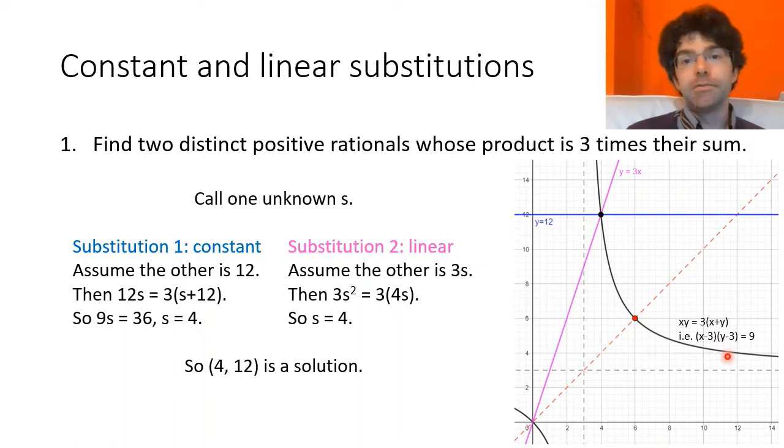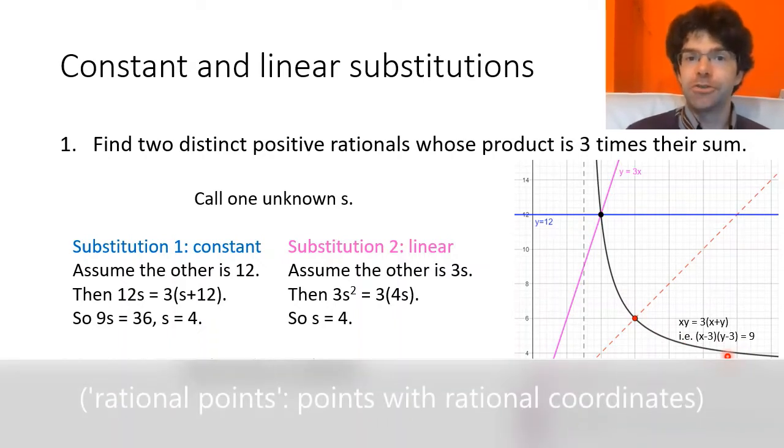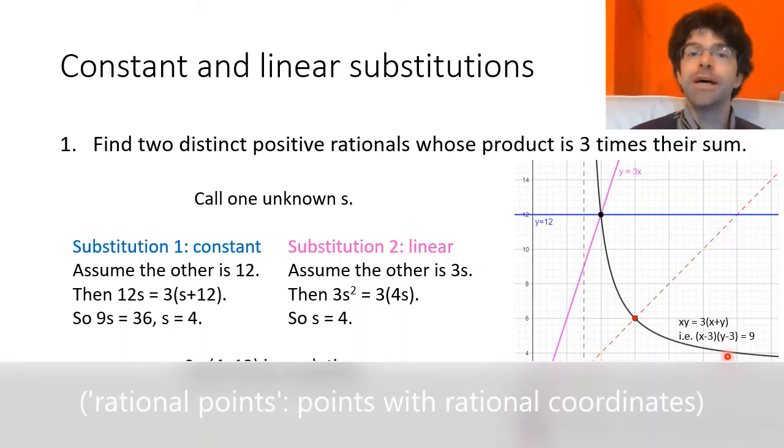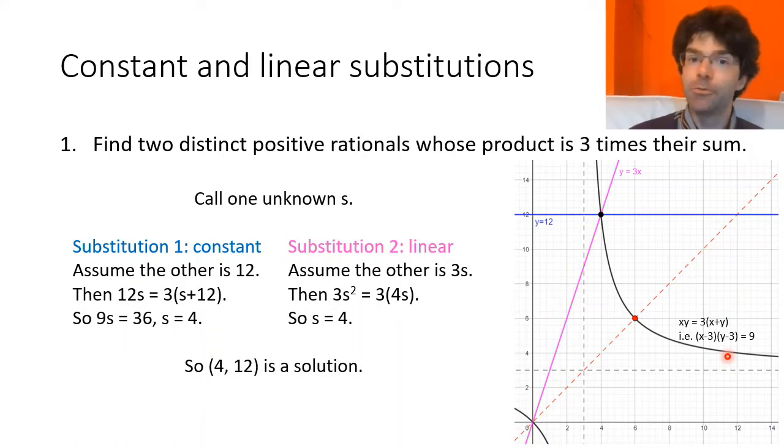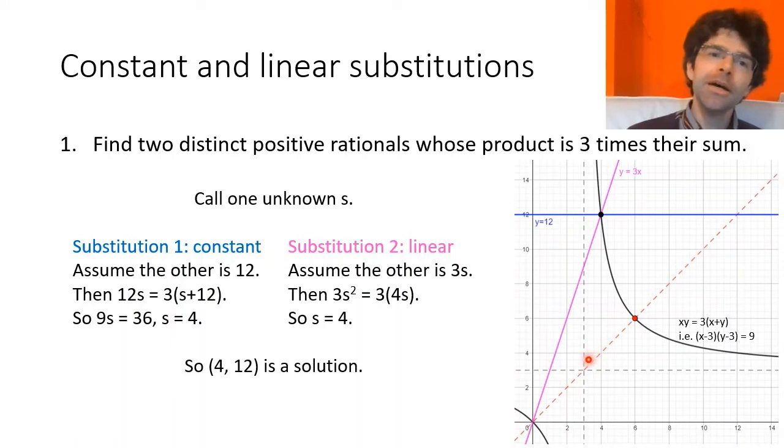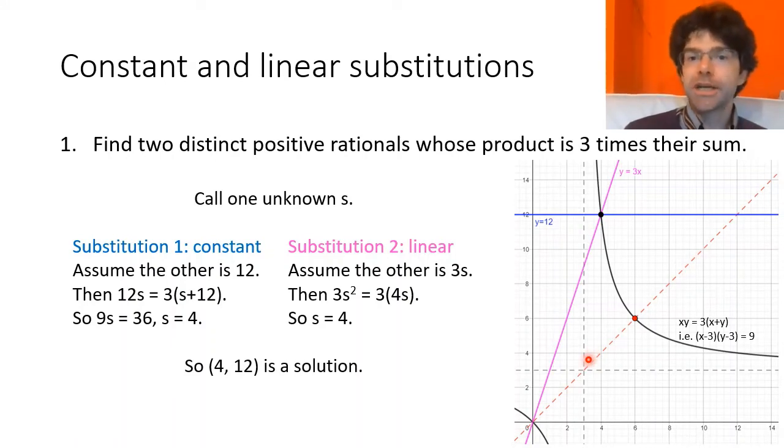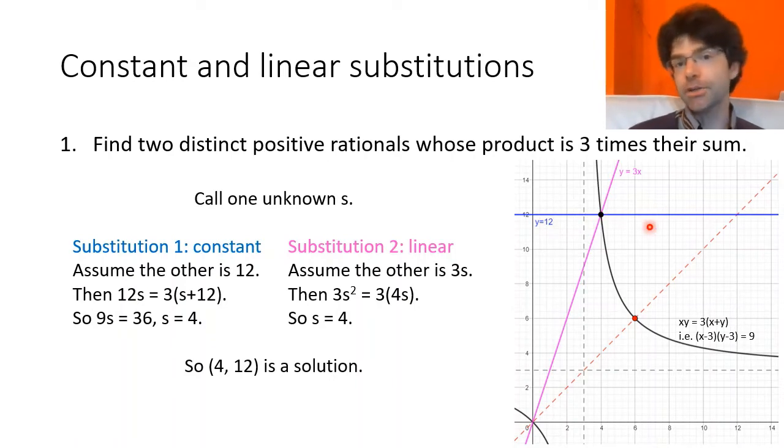Diophantus' challenge is then effectively to find rational points on this graph where x and y are positive and distinct, so excluding the line y equals x, which I've put in red for the danger zone. So the first approach looks at the intersection of that graph with the blue line, y equals 12. And the second approach looks at the intersection with a line through the origin, y equals 3x.